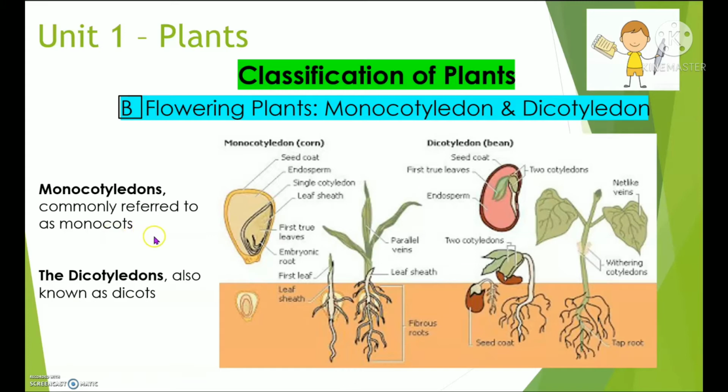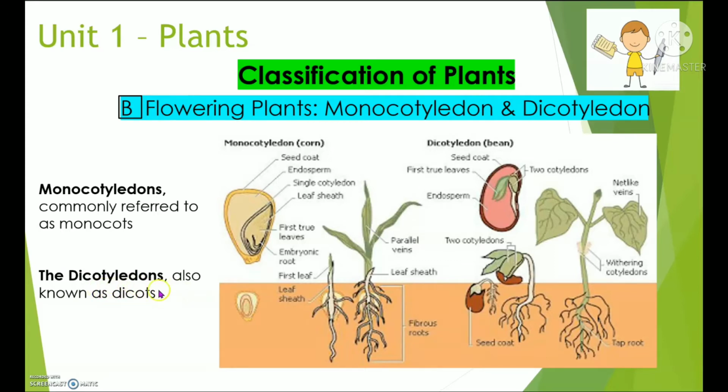The second classification of a flowering plant is called Dicotyledons. Everybody repeat after me. Dicotyledons. Dicotyledons. Very good.